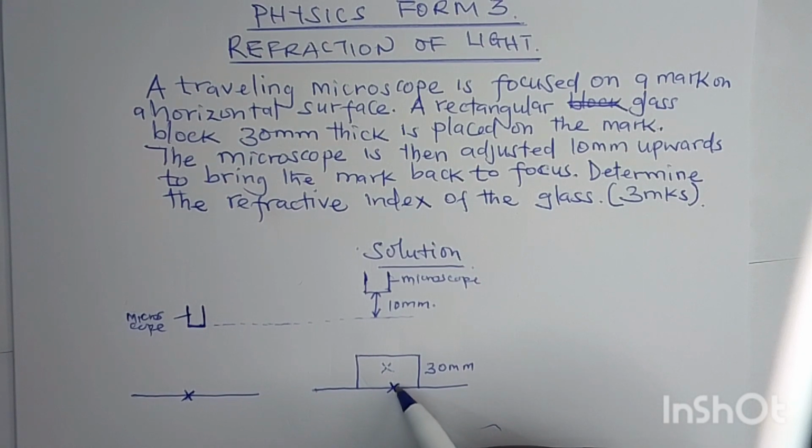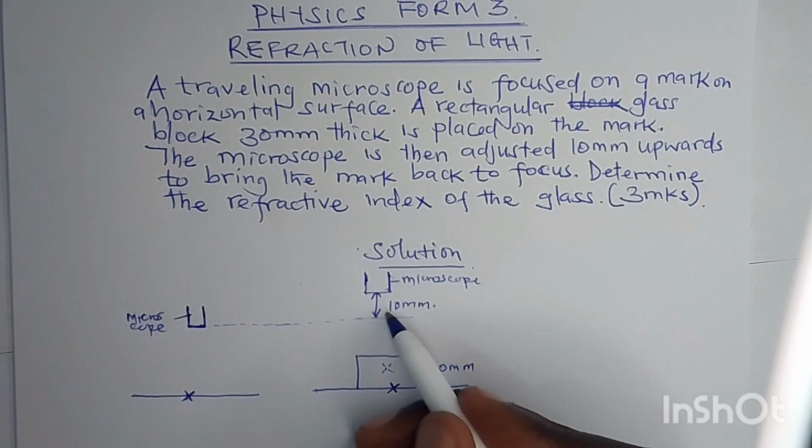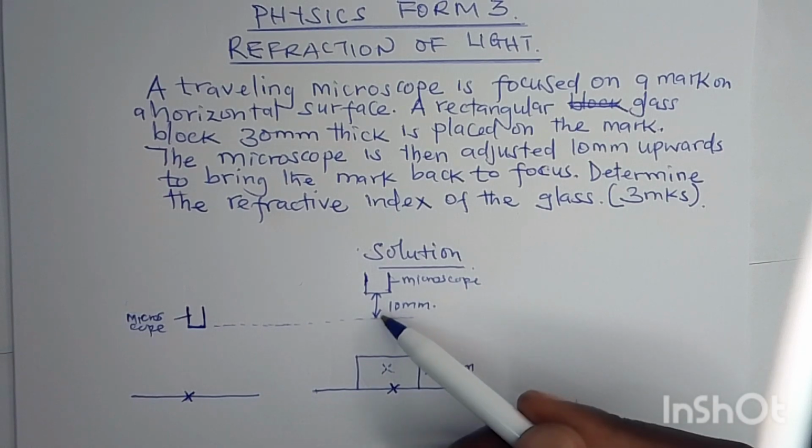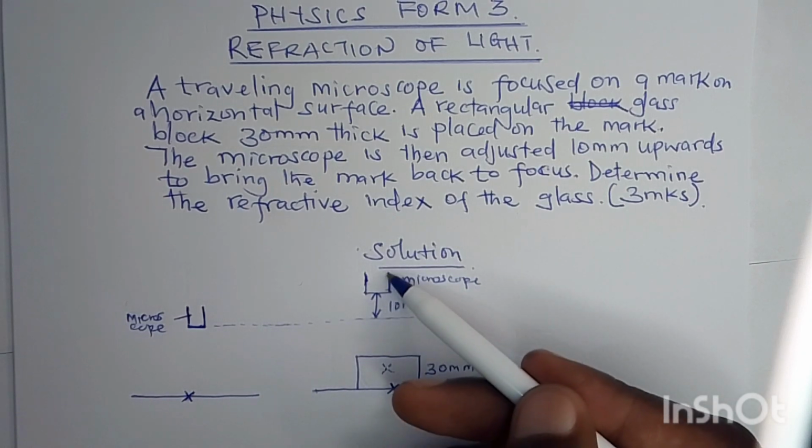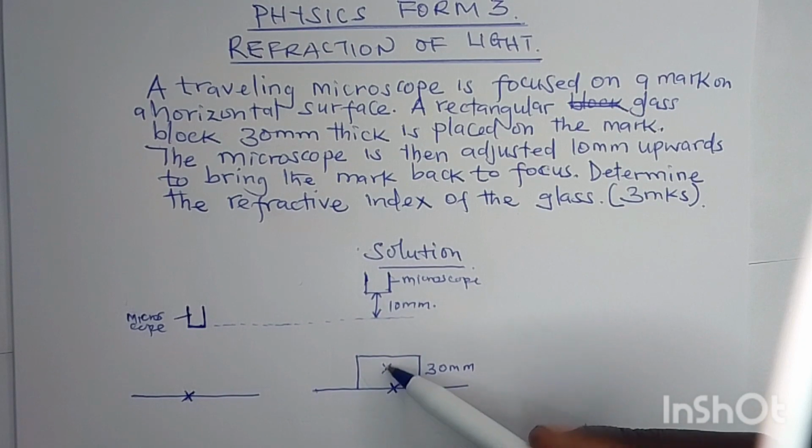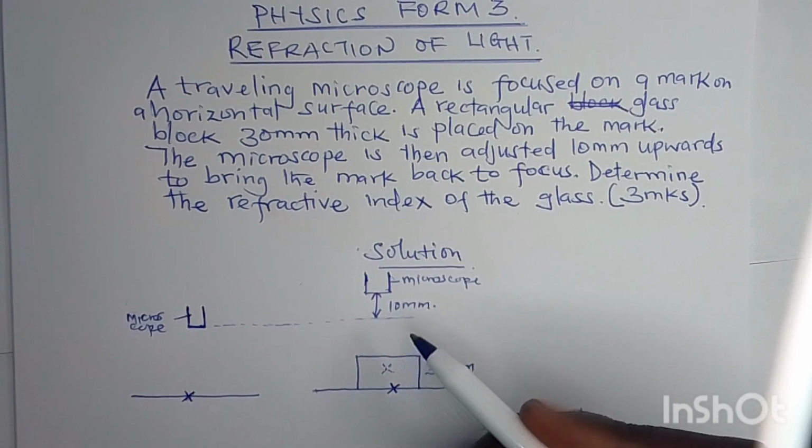So the vertical displacement given to this mark on the paper after the glass is placed is the same as the distance through which the microscope is lifted upwards so that this mark is brought into focus.